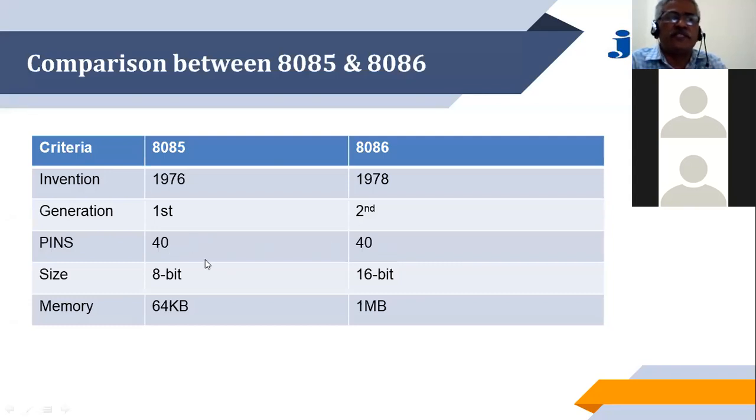Both have 40 pins and they come in different packages. As far as the size is concerned, 8085 is 8-bit and 8086 is 16-bit, and this is the memory that it supports.